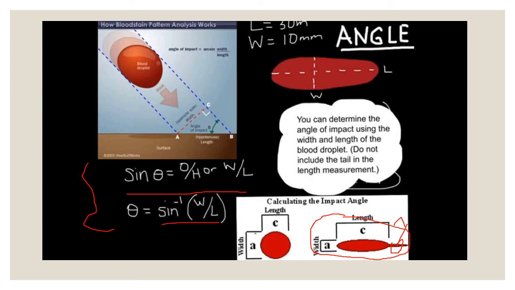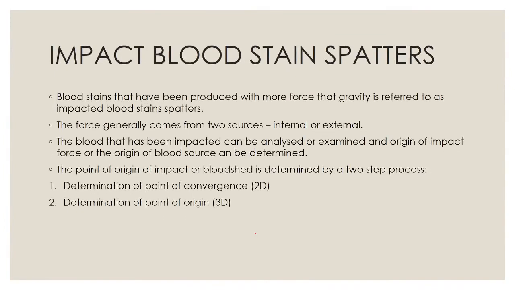Next we'll move on to impact blood stain patterns. Impact blood stain patterns are those formed or produced with more force or energy than gravity. This force generally comes from two sources, external source and internal source.